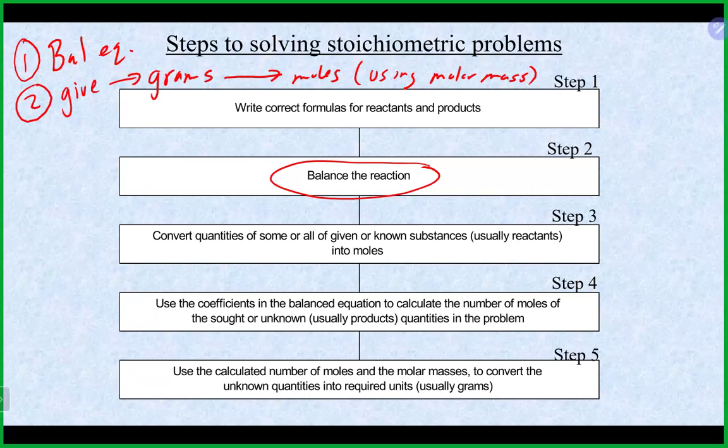You basically want to get that unit to grams and then go from grams to moles using the molar mass from the periodic table to do so. Step number 3, really, which is step number 4 on here, is actually the big stoichiometry part. You want to go to the equation and find the mole to mole relationship between the two things you're interested in.